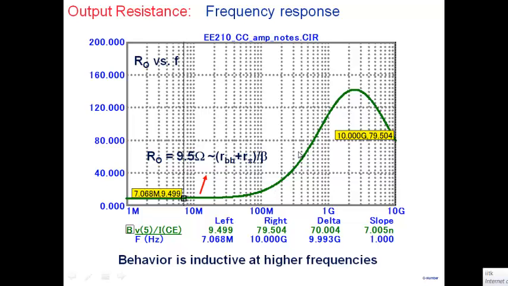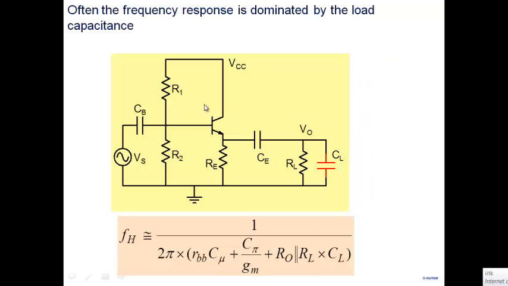So the one point which may be of interest from the application point of view is that at some higher frequency, your common collector amplifier may appear to be inductive. If it appears to be inductive, there can be potential problems.